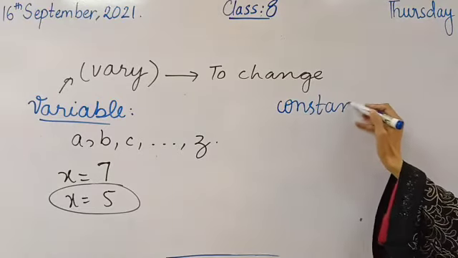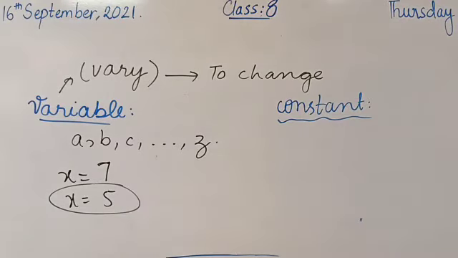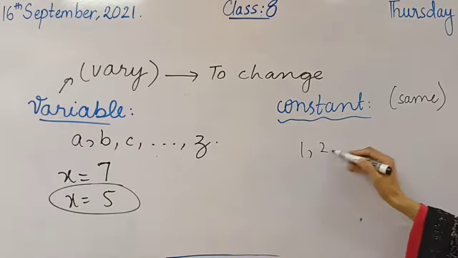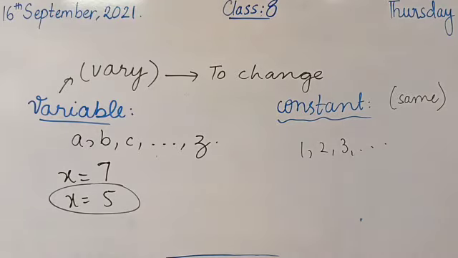Next is constant. What is a constant? What does the word constant mean? Same. Good. Remain same. So how will you define a constant? Yes, you are right that all counting numbers are constants. But how will you define the word constant? A symbol that has a fixed value.